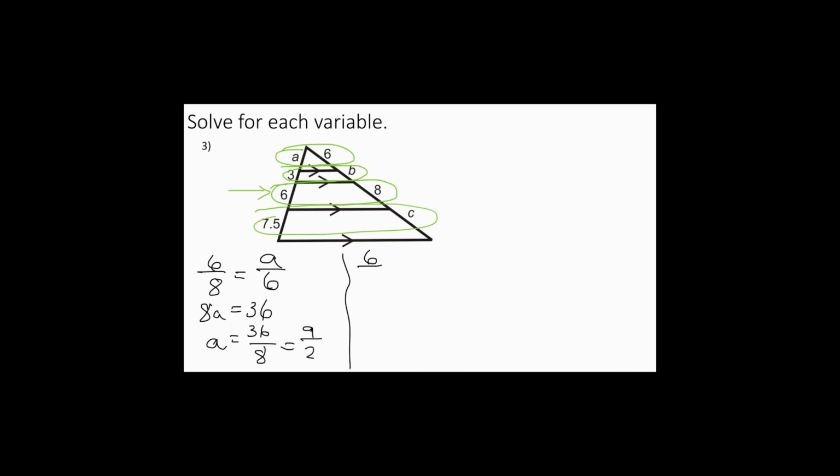And I'm going to use 6, 8. And I'm going to use this for 3 over b. And this, cross multiply. Okay.